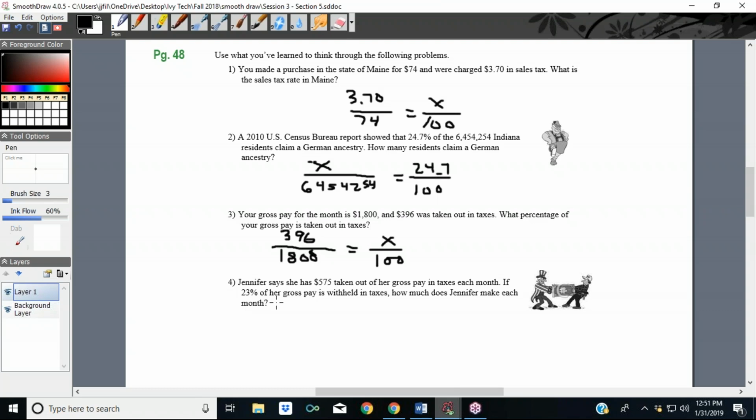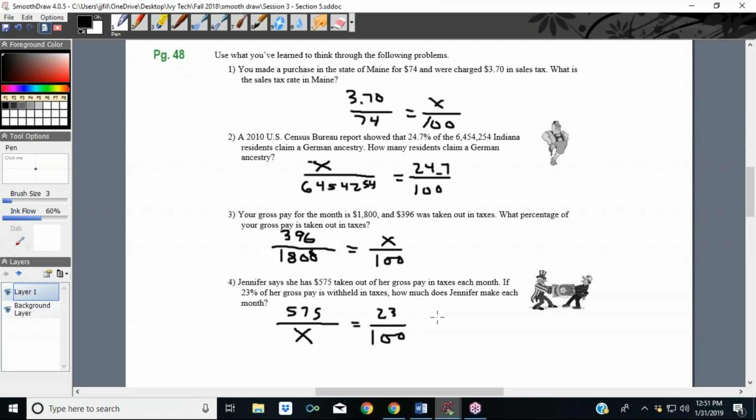And then number 4, the last one here. Jennifer says she has $575 taken out of her gross pay. If 23% of her gross pay is withheld in taxes, what is her gross pay? So the gross pay we don't know this time, but we know the taxes, and we know the taxes are 23%.